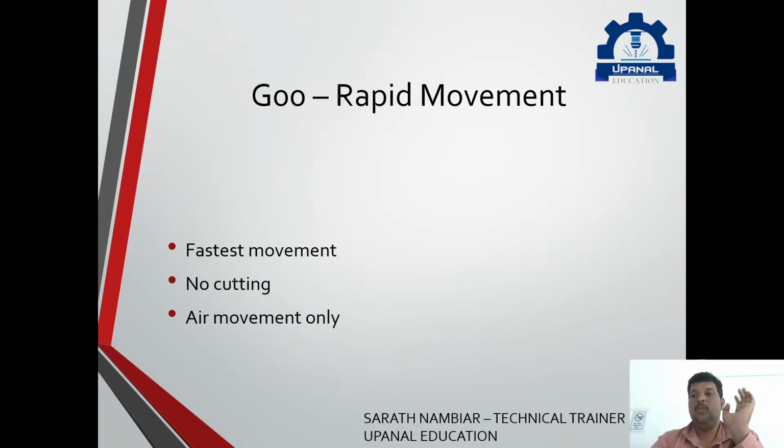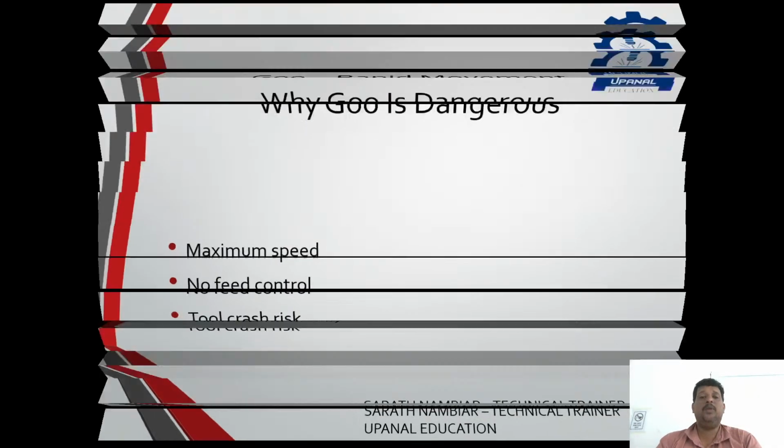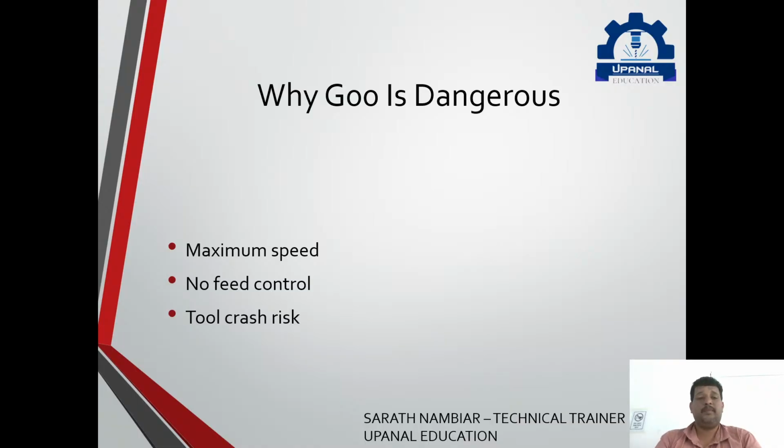Now, why? What's the problem? It is dangerous because it goes at full speed. The feed will be at full speed and we won't have much control of it. Even though the machine has a setting to control it at 25%, 50%, 100%, even 25% will be very fast. So some people change 25% to 2%, so that they have a little control over G00.